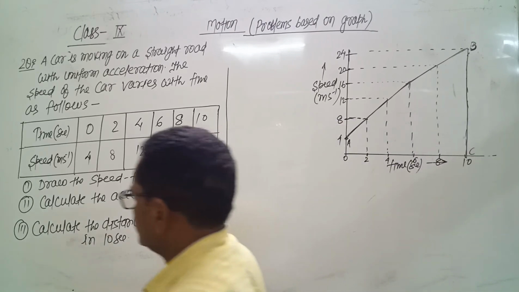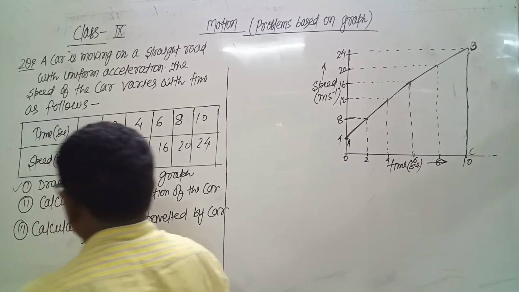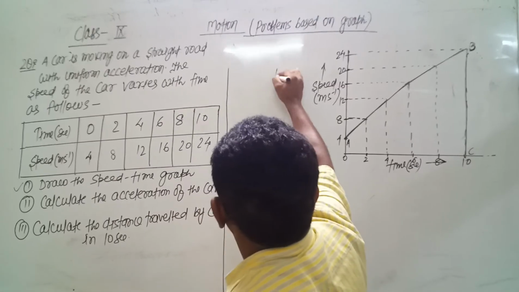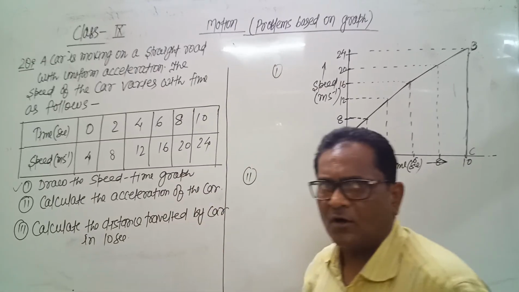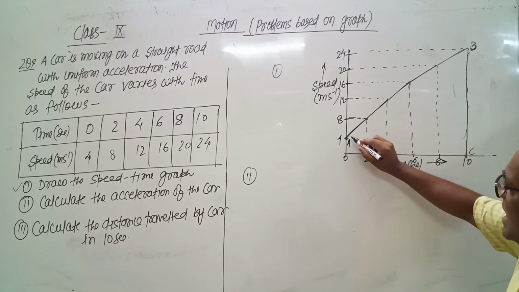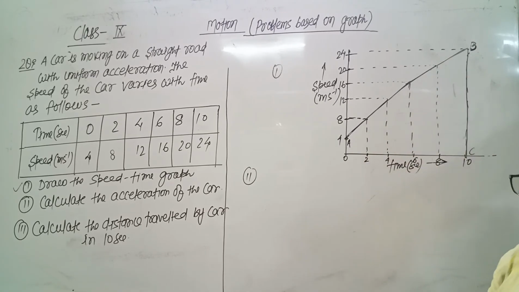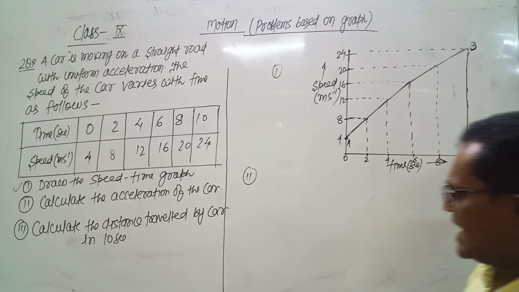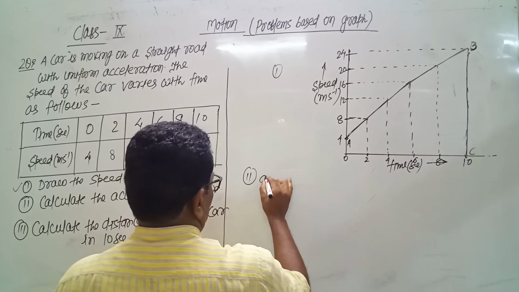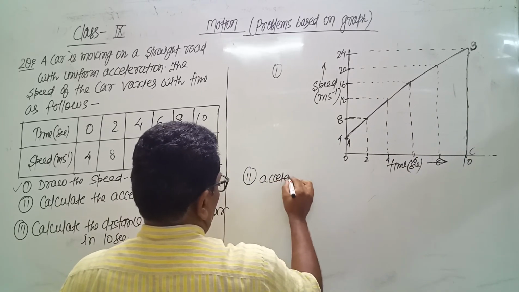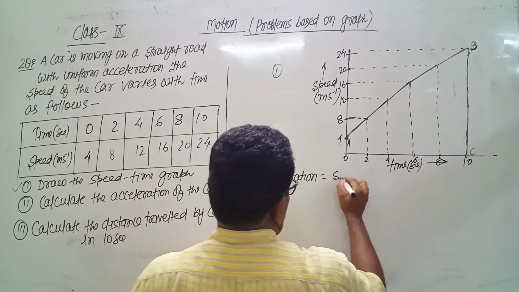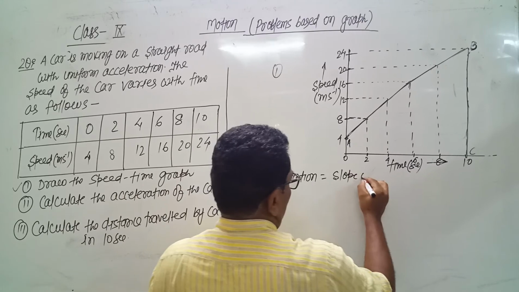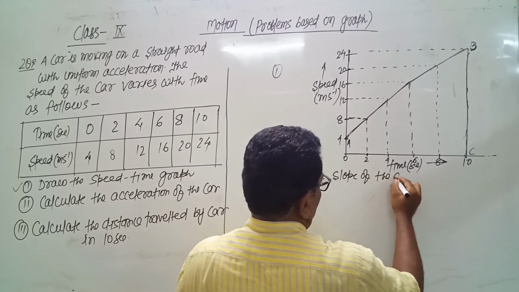So first we have drawn the second part. Calculate the acceleration of the car. The graph is a straight line sloping upward. So acceleration is equal to slope of the graph.